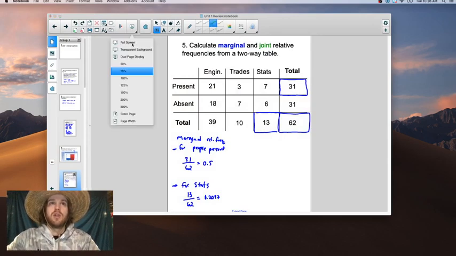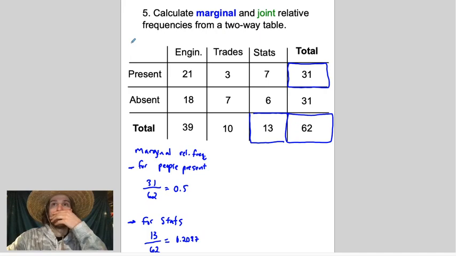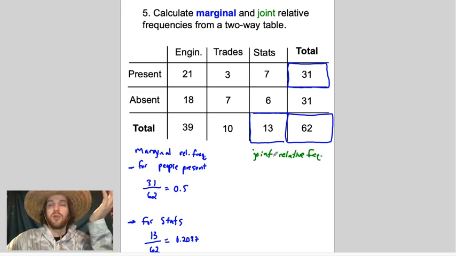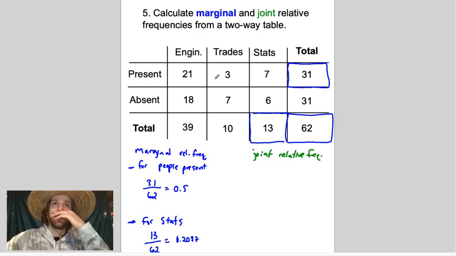Switch to green for joint relative frequency. So for joint relative frequency, this is really in probability, this is the intersection, right? A joint is just the intersection.